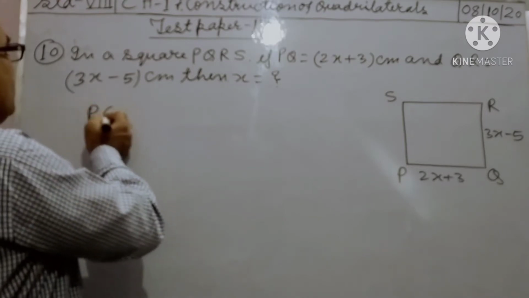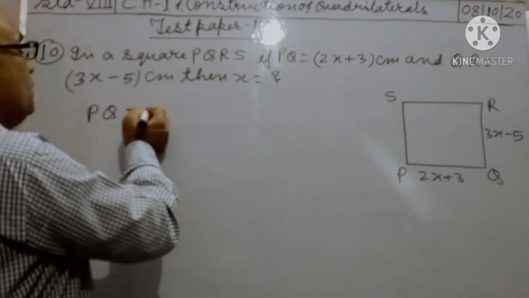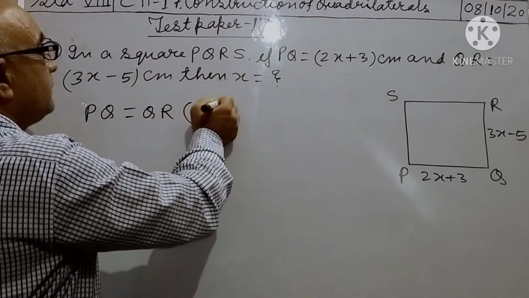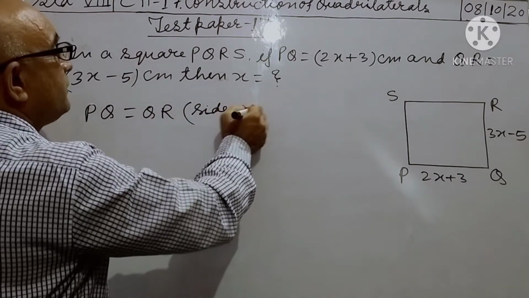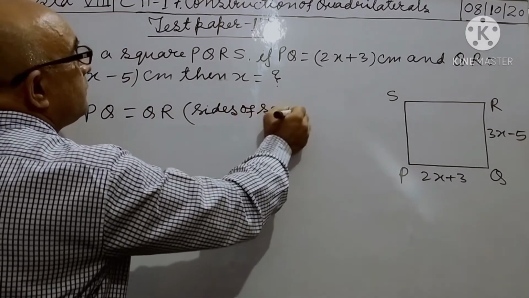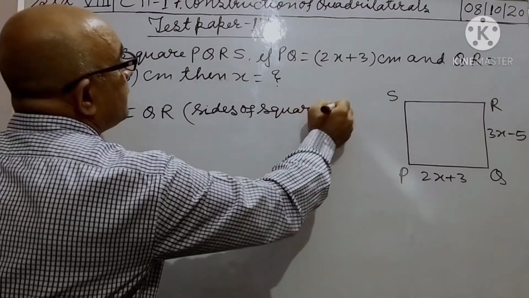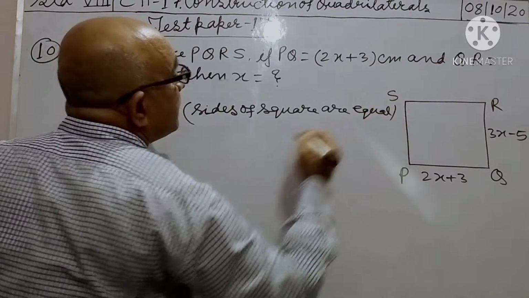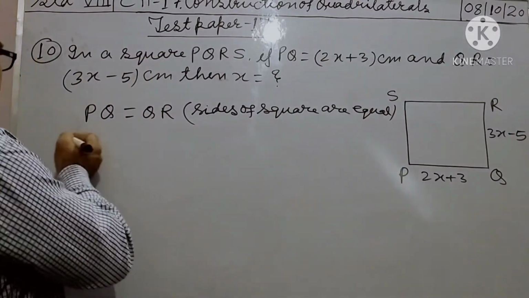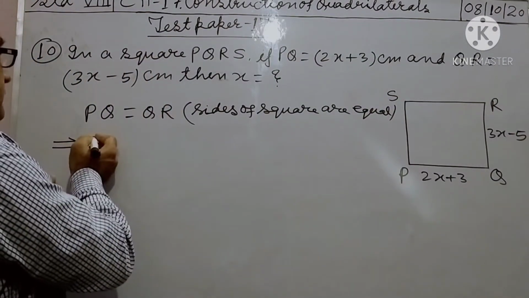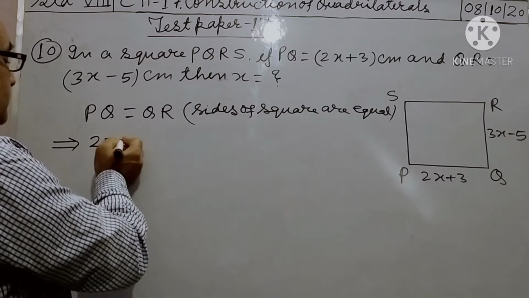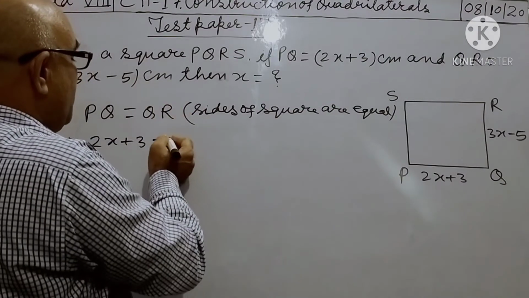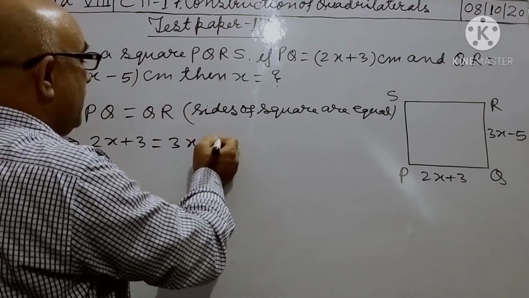PQ equals QR. Sides of a square are equal. So that implies 2x plus 3 equals QR equals 3x minus 5.